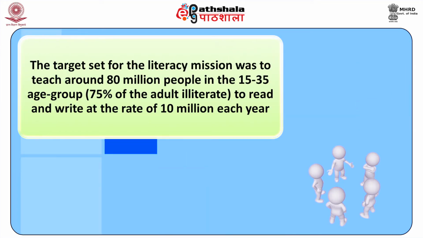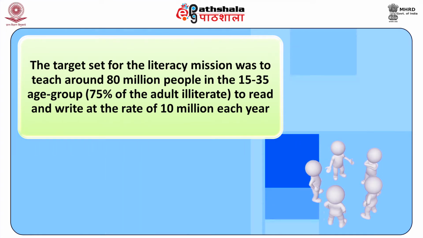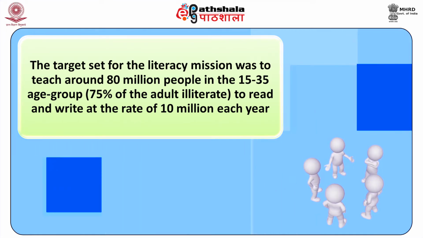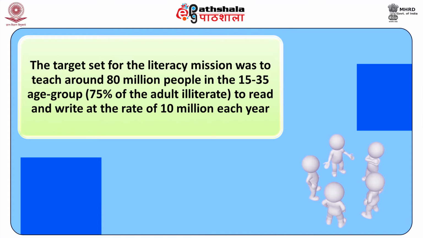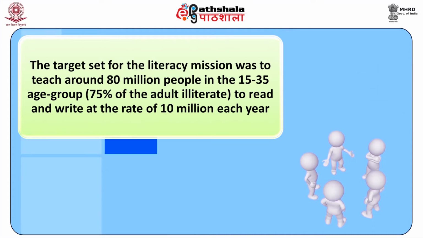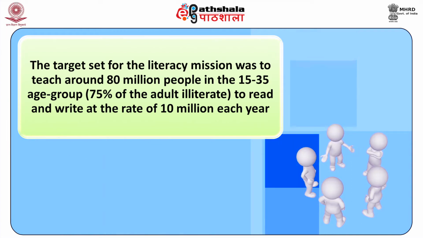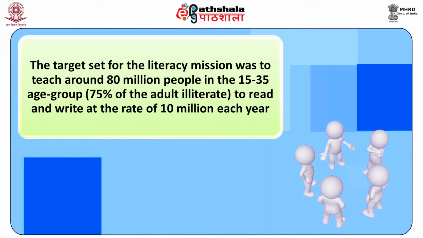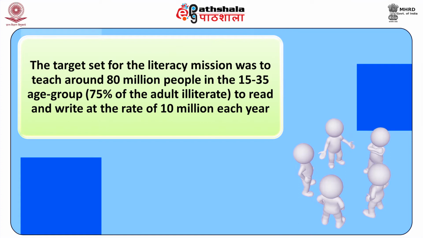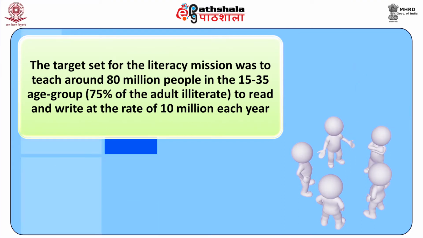The target set for the literacy mission was to teach around 80 million people in the age group of 15 to 35 years, which is around 75% of the adult illiterates, to read and write at the rate of 10 million each year.